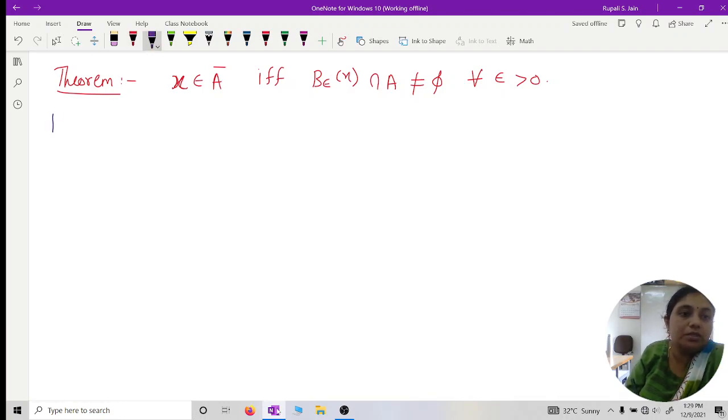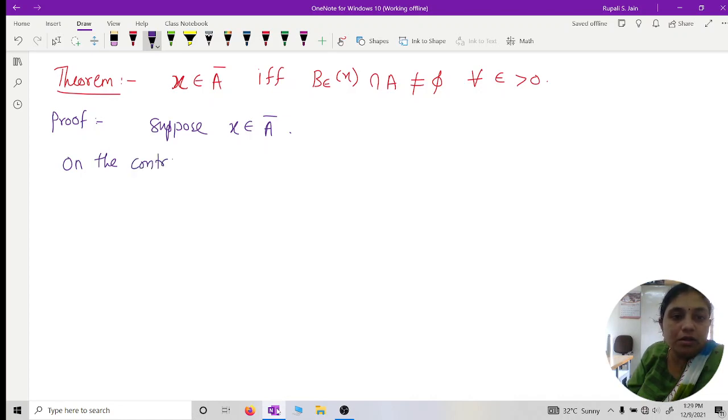How will we prove this? Suppose x belongs to A closure. It is an if and only if statement. And by contradiction we will prove it.